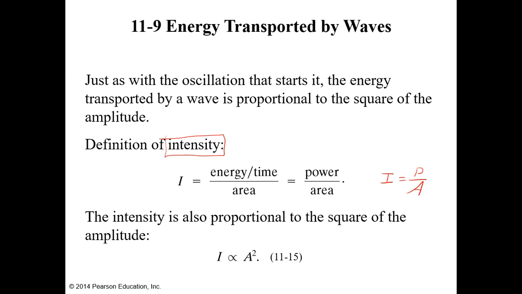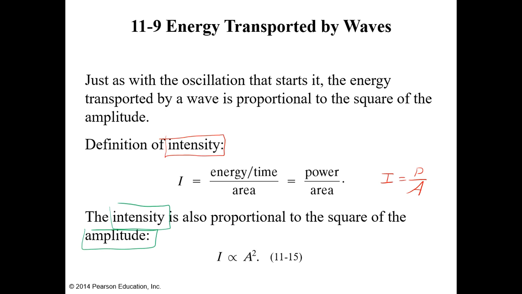Now, down here at the bottom of the slide, I'm going to mention this. I'm not going to give you any equations on it, but it's something to remember. The intensity, here, let's do this in a different color just so we don't confuse ourselves. The intensity is also proportional to the square of the amplitude of the wave. So if you have a certain intensity, you have a certain amplitude.